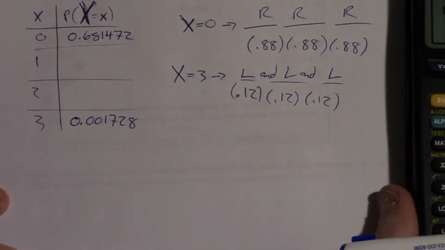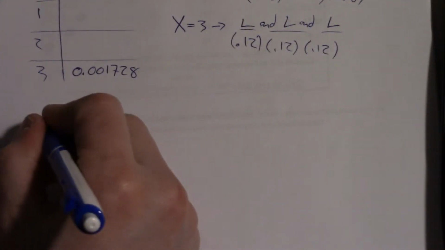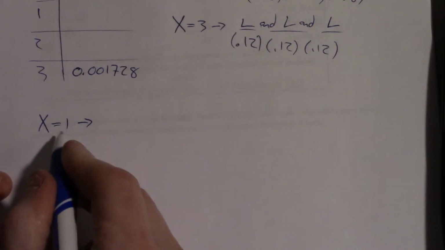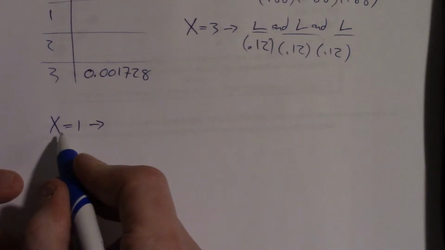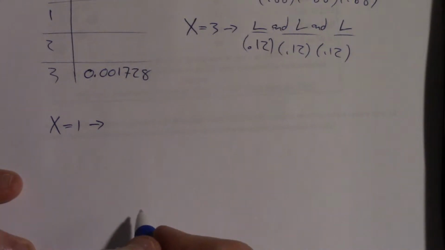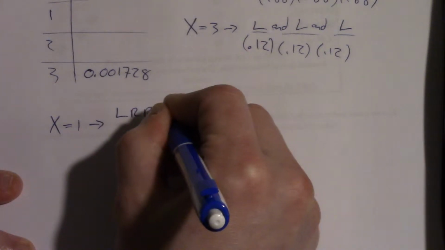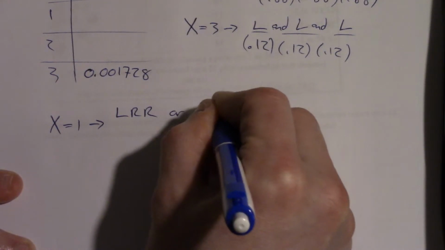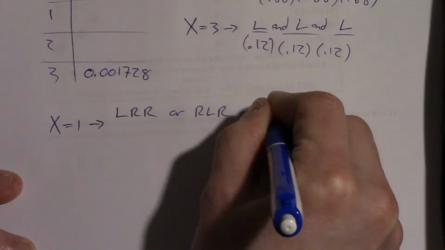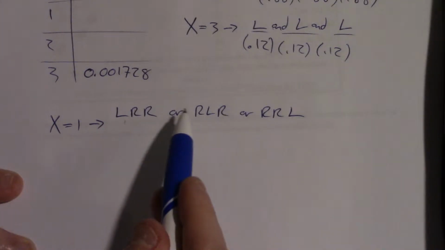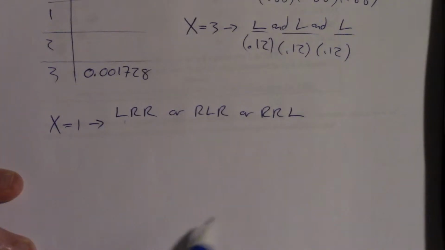Okay, now the trickier ones. What about when big X is 1? So this means in our 3 people, we want 1 left-handed person. So we could have left, right, right, or right, left, right, or right, right, left. The left-handed person could be picked first, second, or third.